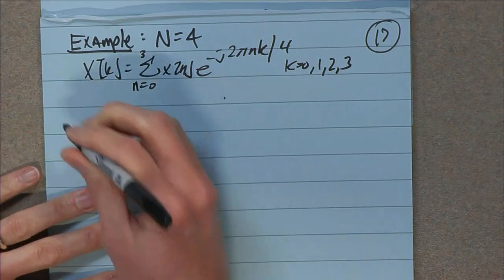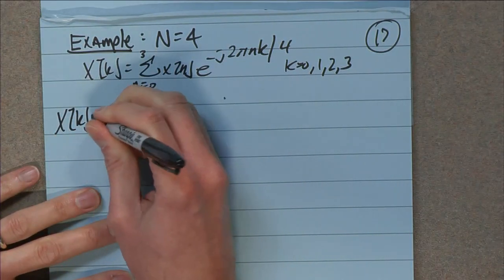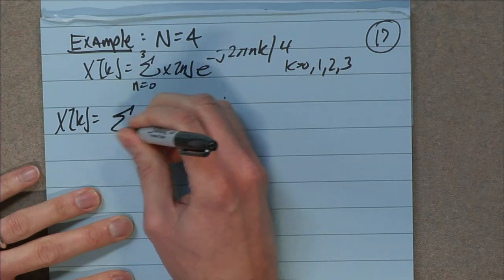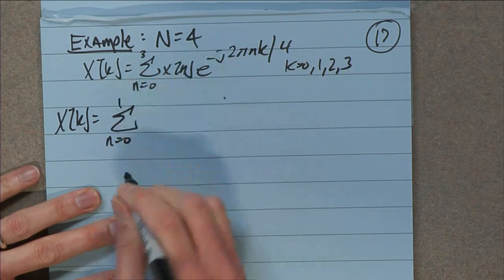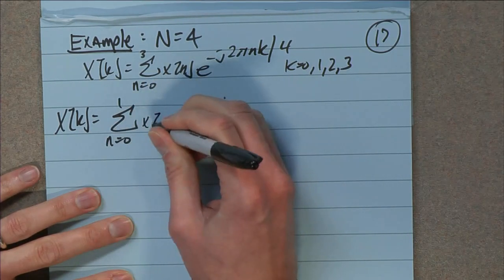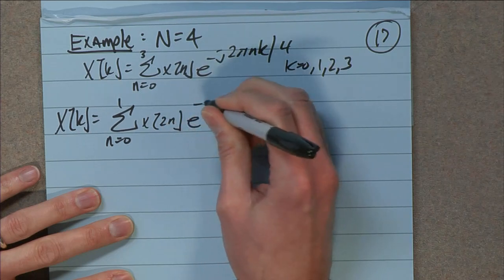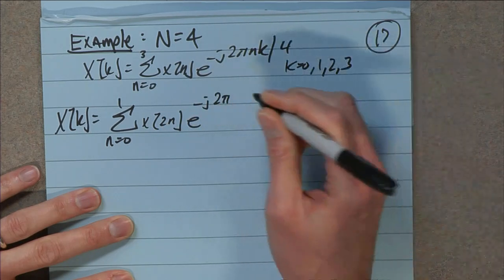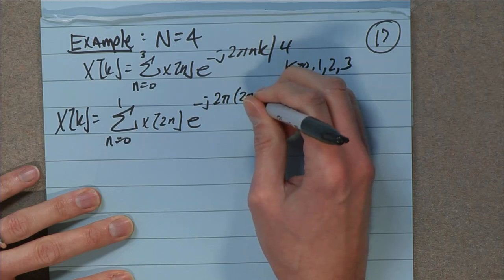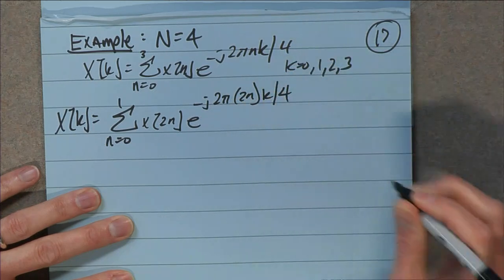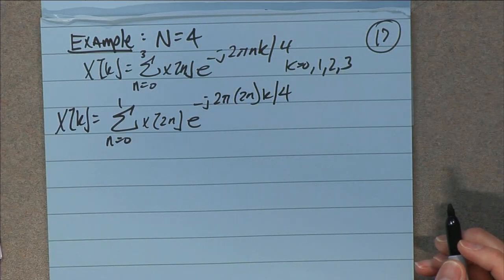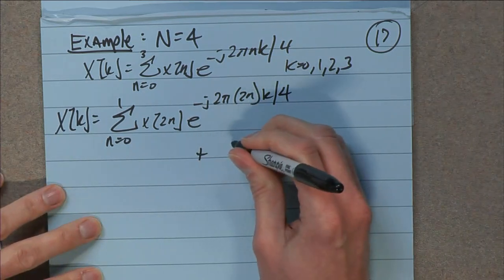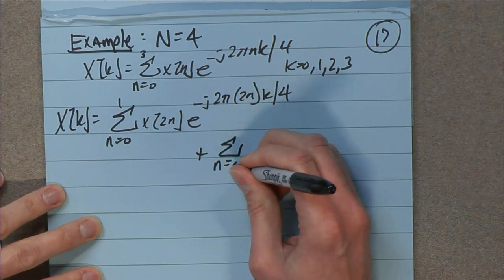So if we break it into our even and odd samples, straight away n from 0 to 1, which is our n over 2 minus 1, x of 2n, 2 pi, and this is what? We had 2n k over 4, plus our odd samples, right?